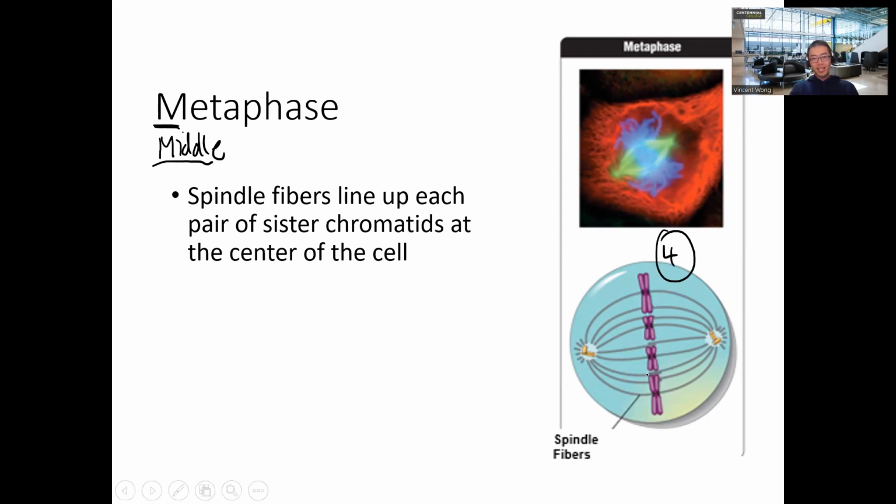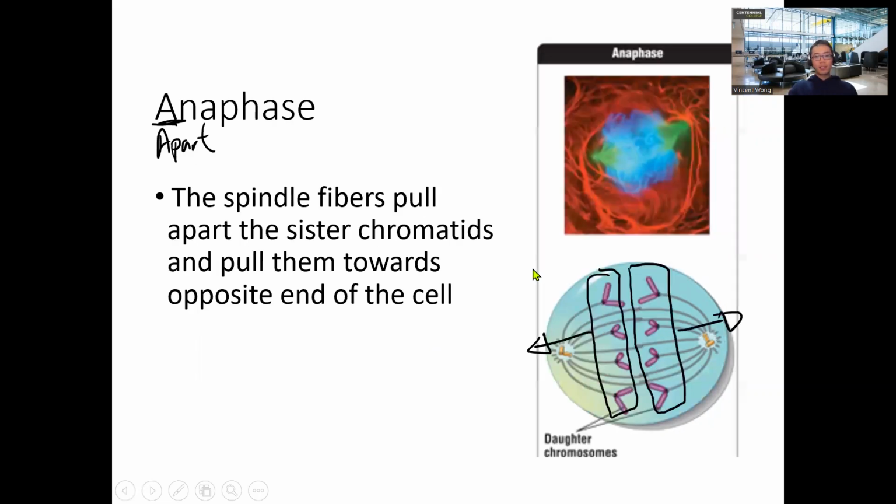As long as they're stuck together, we count them as 1. So if you have 4 chromosomes in metaphase, how many chromosomes will there be in anaphase? How many chromosomes now? Right? They're no longer stuck together. So the answer is 8.